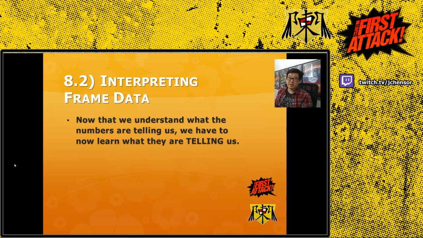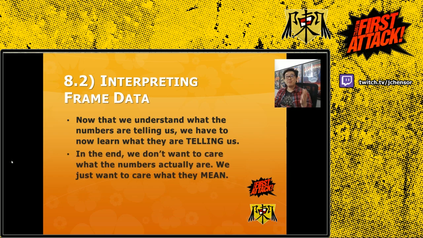But the problem is, you still don't know exactly what the numbers are telling you. While the numbers now make sense in terms of a scientific frame time calculation, we need to take those numbers and interpret them, change them into something that can tell us exactly what they mean.